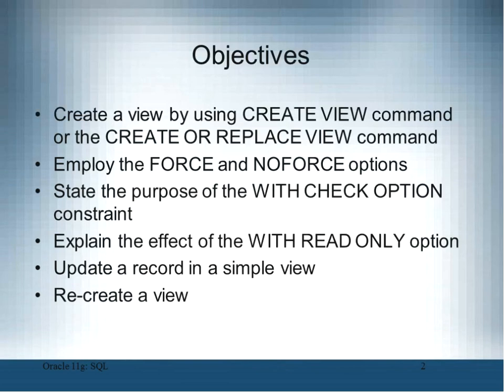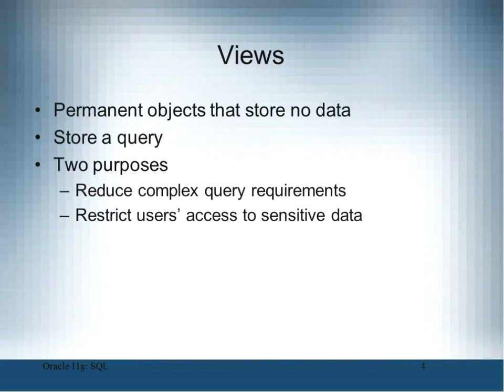We will learn how to create views using the create view command, updating records in a simple view, and some of the cautions when you use views to update data. I'll go over that quickly, but I really want you to know how to create views and why we use them. That'll be the focus.